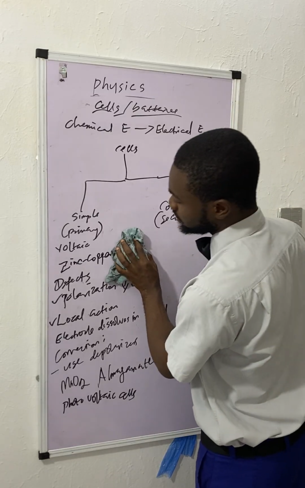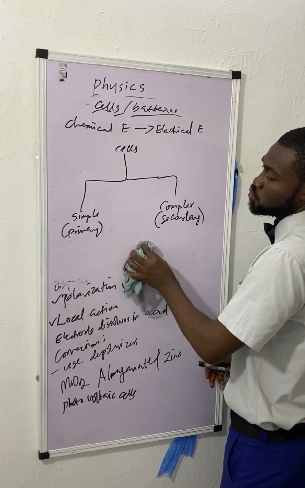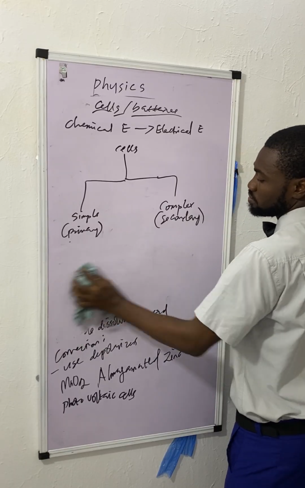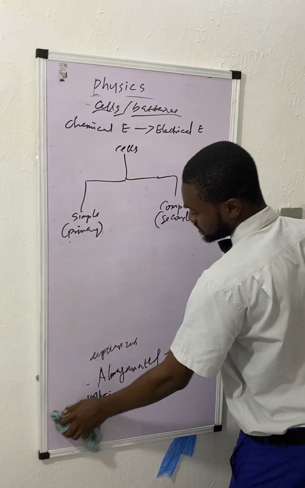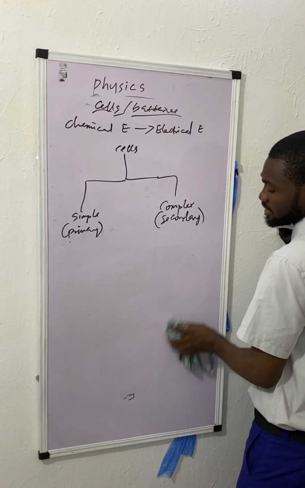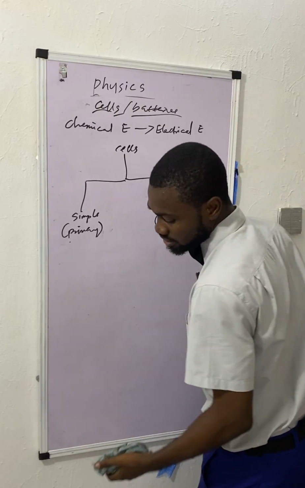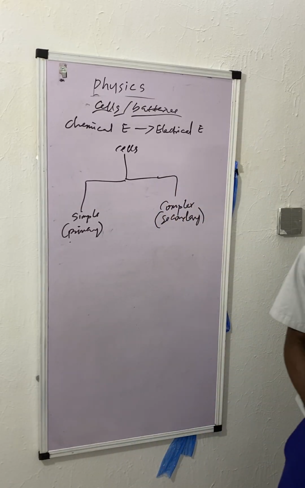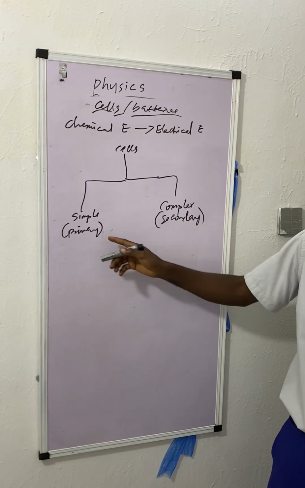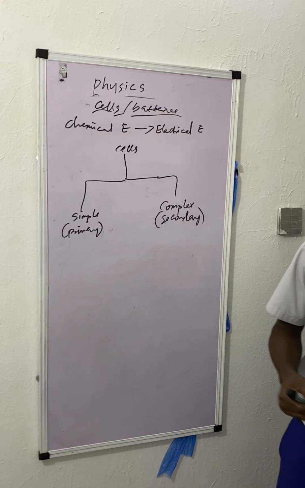We just looked at the most basic voltaic cell, and it's this voltaic cell that usually gets defects like polarization. Then let's look at some simple or primary cells.